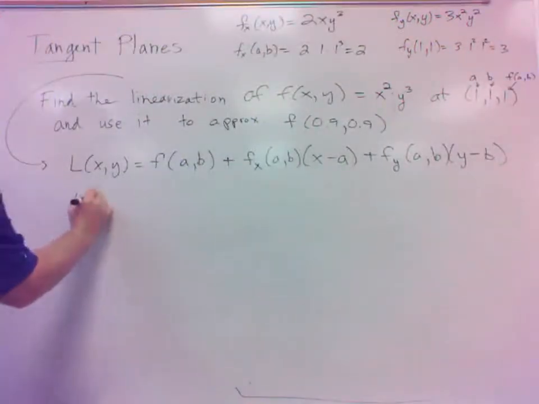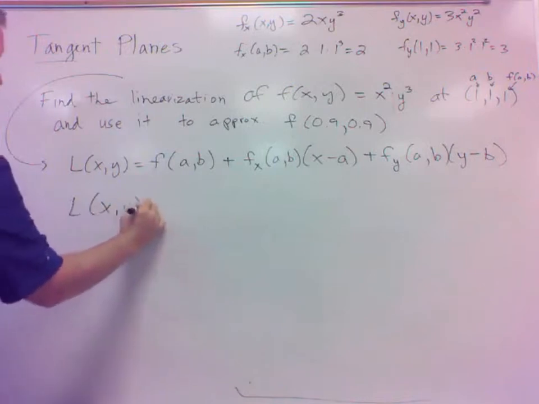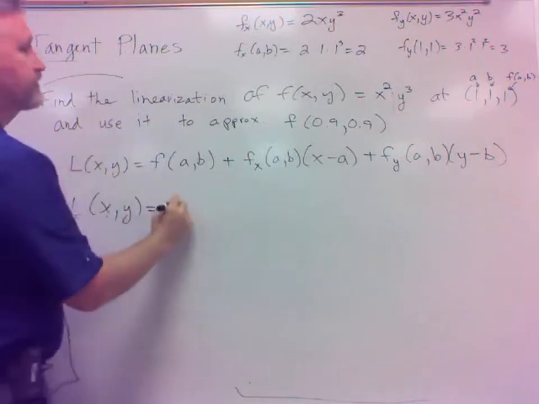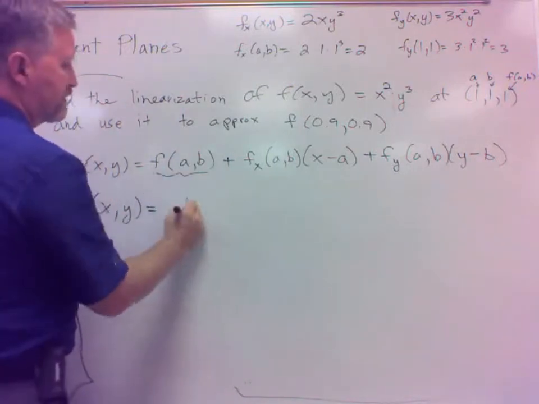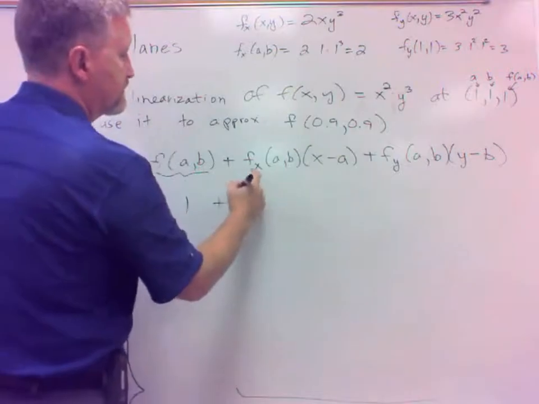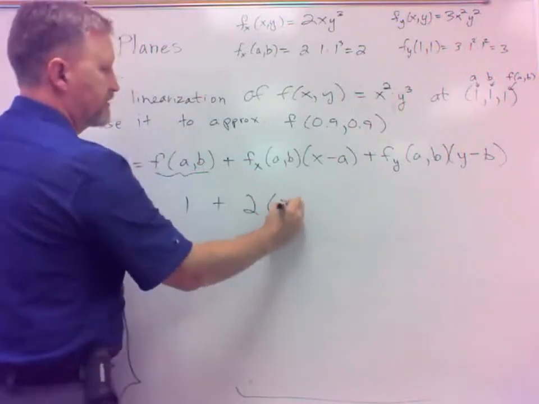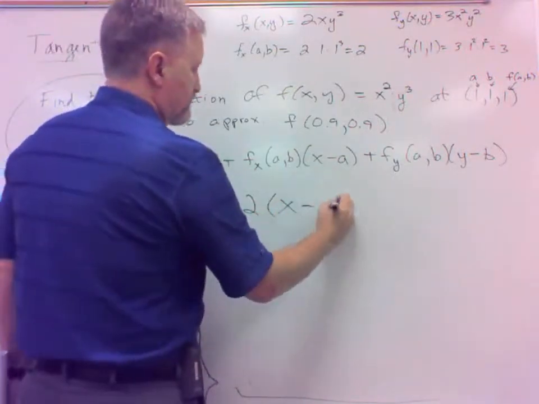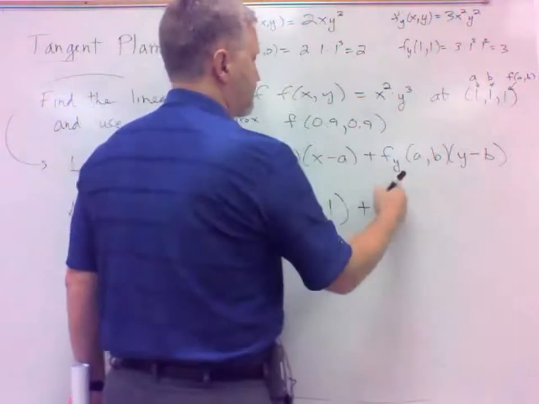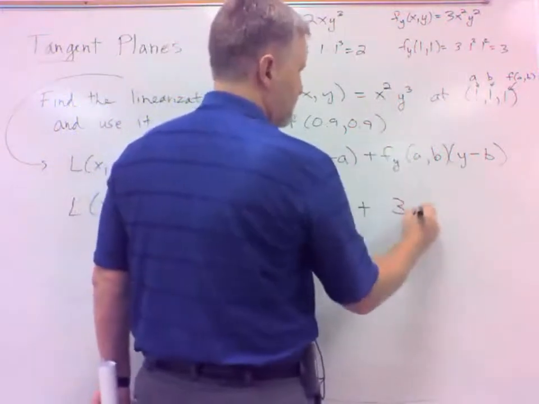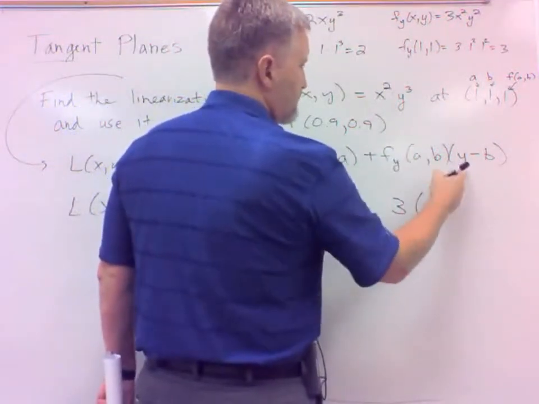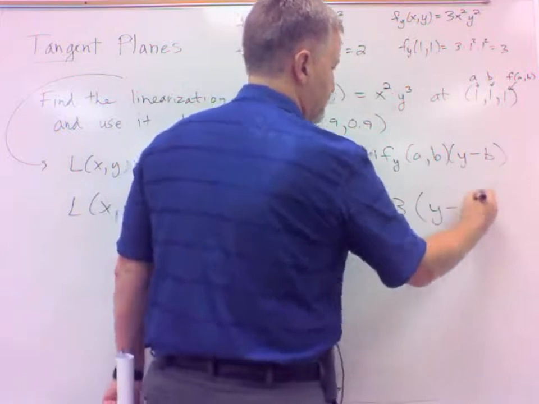So our linearization would be L(x, y) equals 1 plus 2 times (x minus 1) plus 3 times (y minus 1).